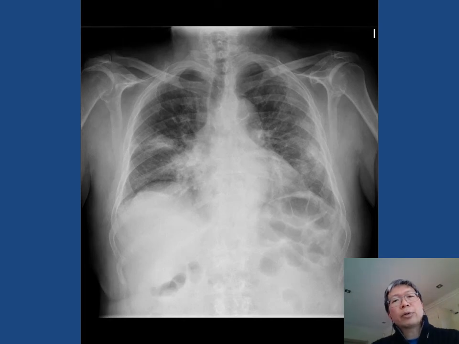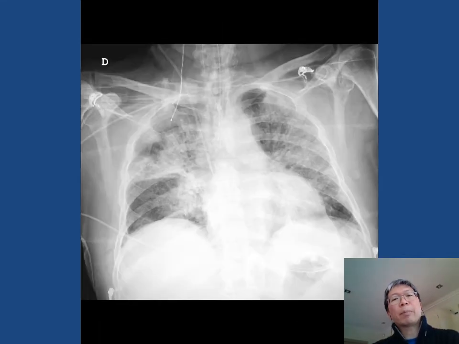This is an elderly patient who presented with a high fever and cough. His chest X-ray on the first day showed some patchy changes of consolidation abutting the horizontal fissure on the right lung, as well as some other changes in the periphery of the left lung. The patient deteriorated rapidly, and on day 2 required intubation and mechanical ventilation.